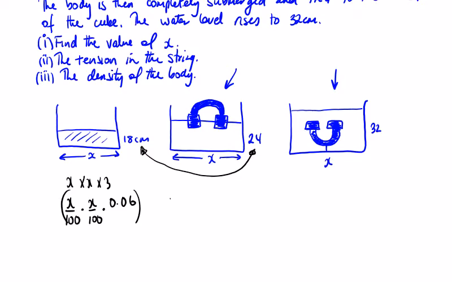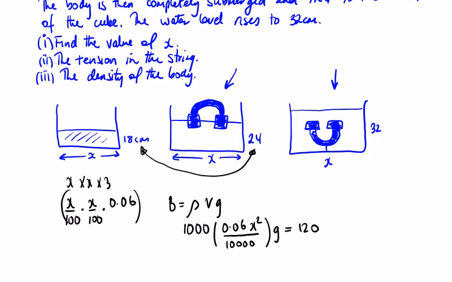So the buoyancy is equal to, it's in water, so the buoyancy's change is 1000 by 0.06 X squared over 10,000 by G, and that's equal to the weight, which is 120.